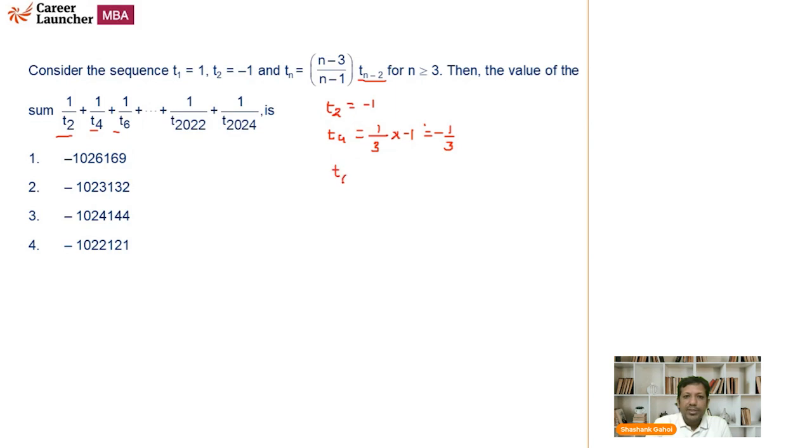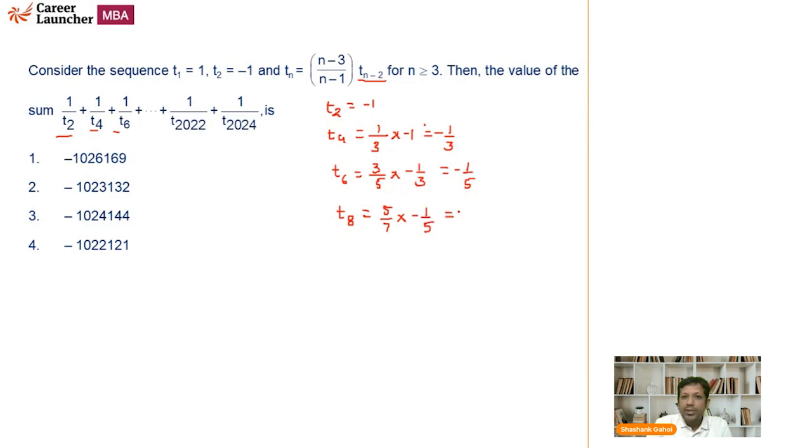If I'm talking about T6, T6 is 6 minus 3 is 3, upon 6 minus 1 is 5, into -1 by 3, that is T4. So this comes out to be -1 by 5. Fair enough. If I talk about T8, that is going to be how much? That is 5 upon 7 into -1 by 5.